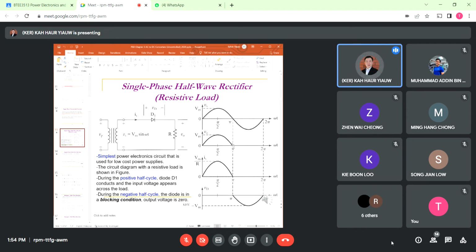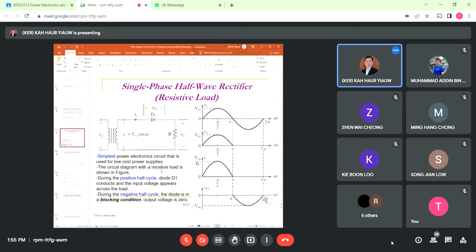Again, the current Is, or your load current, depends very much on the value of R. If your value of R is big, the current magnitude will be low. If your R is less than 1, you can see that you have a very high value for your current.